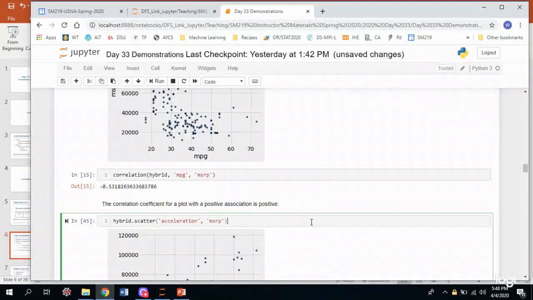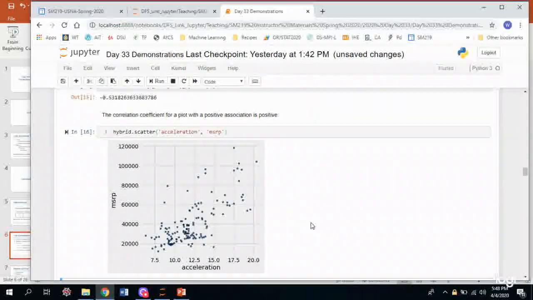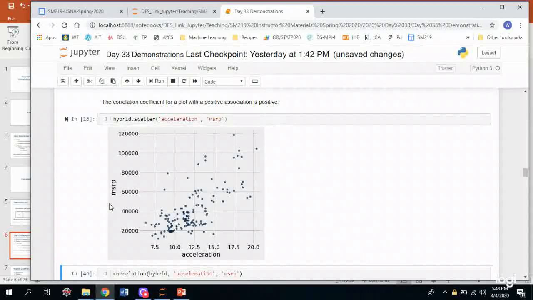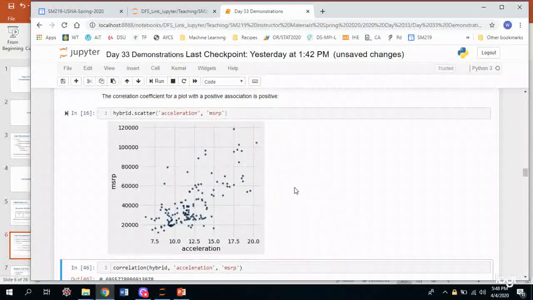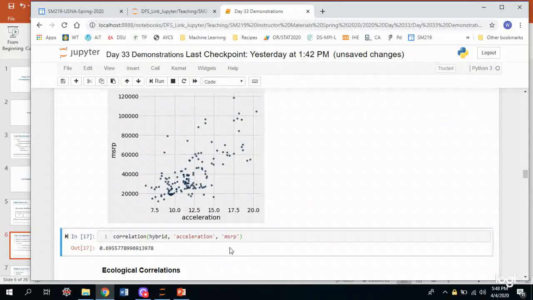And similarly, if you have a positive association, like the association between sticker price and acceleration, you can compute its correlation coefficient and find a positive number.